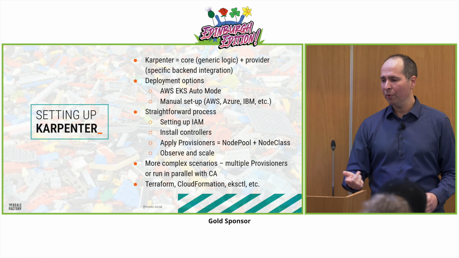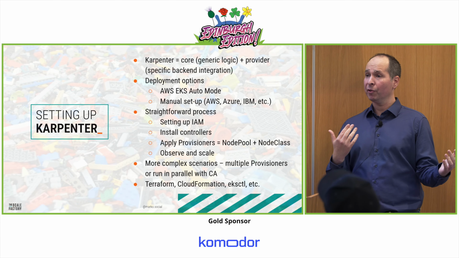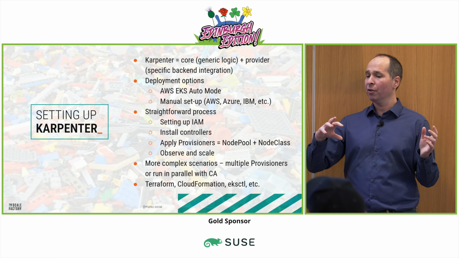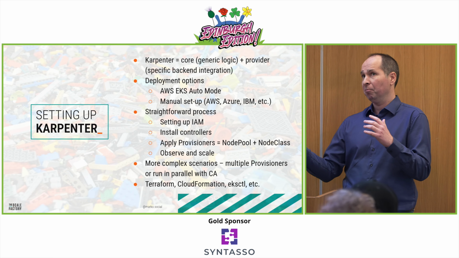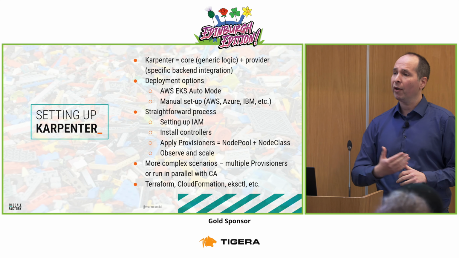Oh yeah, it also supports more complex scenarios, such as you can actually run multiple different configurations and put different weights on those and make sure that they're used in, let's say, different tenants or different workloads, for example. And yeah, it can actually run in parallel with CA as well.